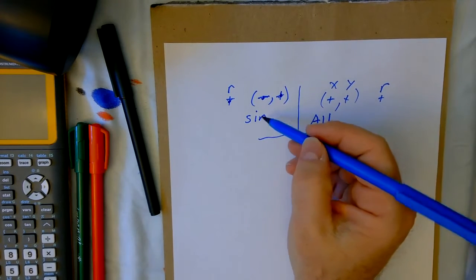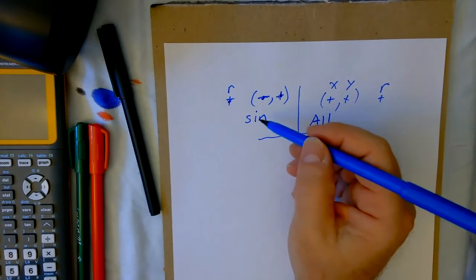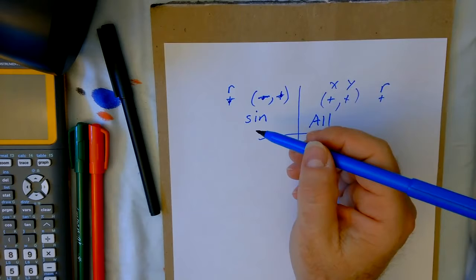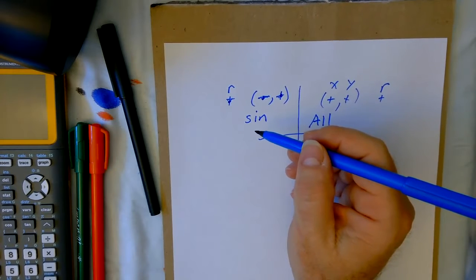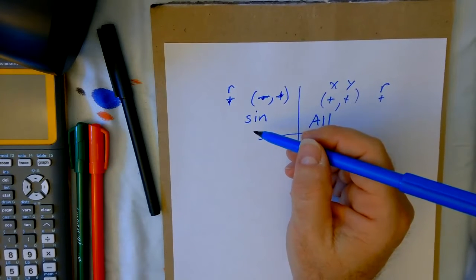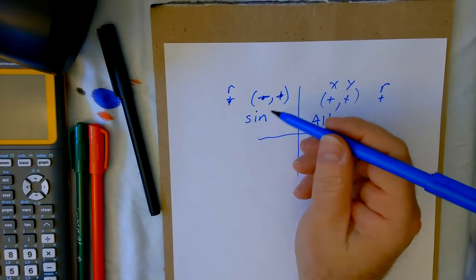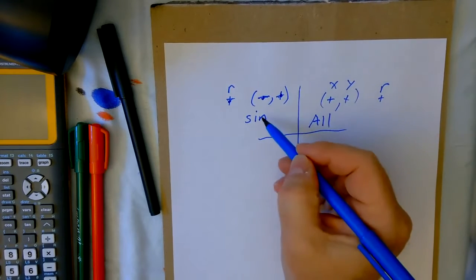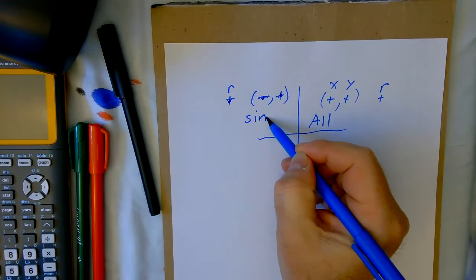When we look at the reciprocal functions, cotangent, secant, and cosecant, a reciprocal and the original number always have the same sign, either both positive or both negative, because we need to do positive times positive to get 1, or negative times negative to get positive 1. So the reciprocal of sine is cosecant.